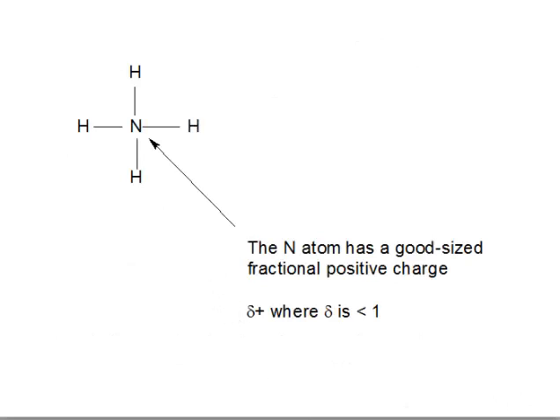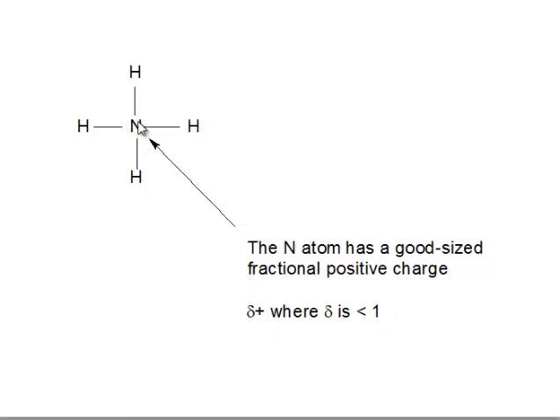So for example, if you look at NH4, you recall the nitrogen has a formal charge of positive 1. Turns out, this nitrogen atom really does, in the real molecule, have a good-sized fractional positive charge, delta positive, where delta is less than 1.